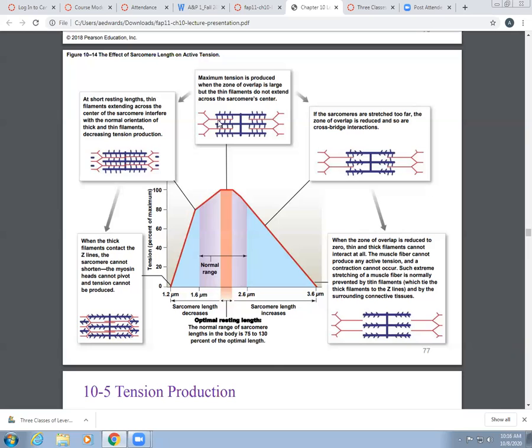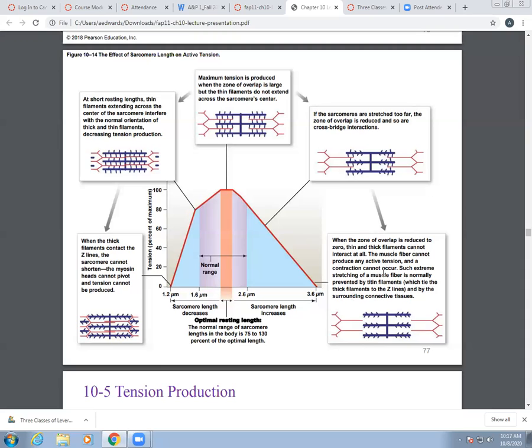Here, essentially all of the myosin heads have an opportunity to interact. When the zone of overlap gets reduced to zero, there's no connection between actin and myosin. The thin and thick filaments can't interact at all, so you get no tension.